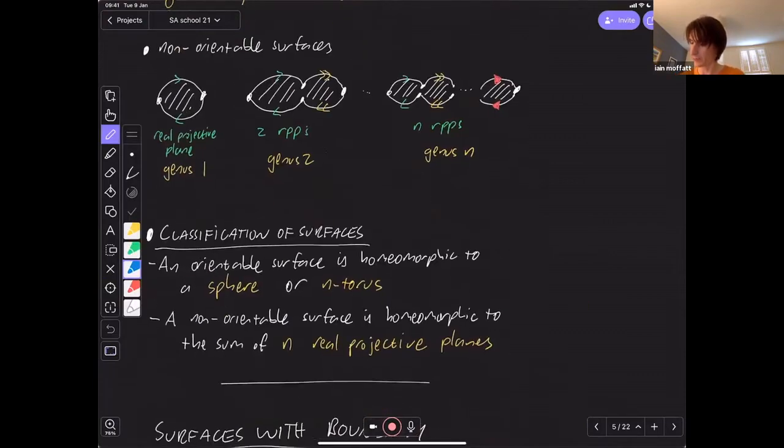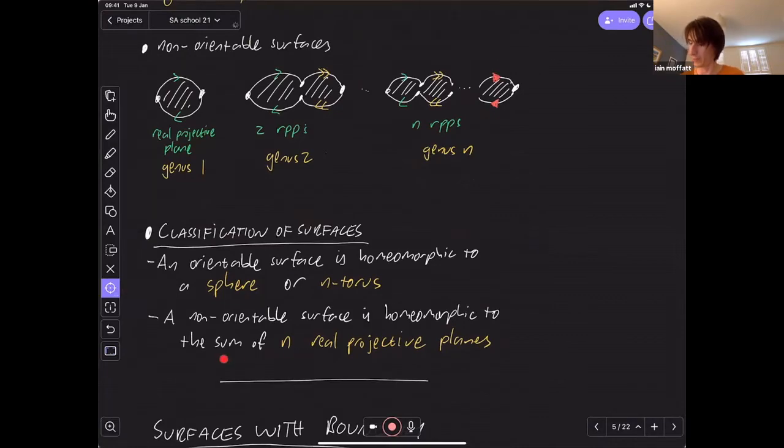And any non-orientable surface must be homeomorphic to the sum of n real projective planes, so all of these. So as an example, this Klein bottle from earlier is non-orientable, and that's equal to the sum of three real projective planes.